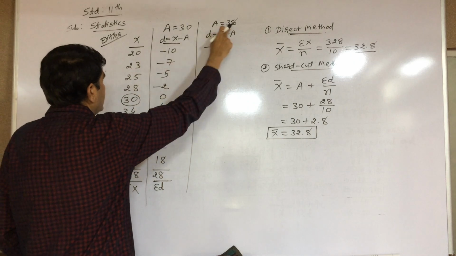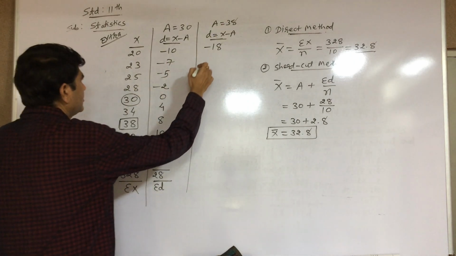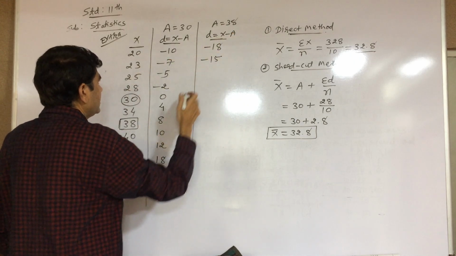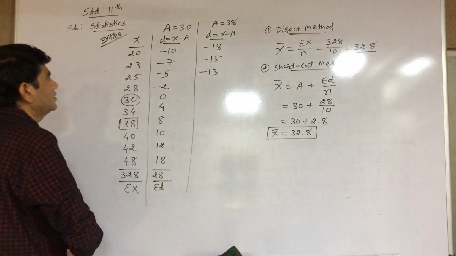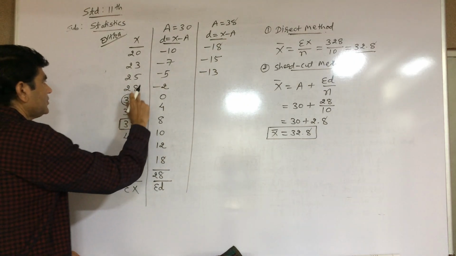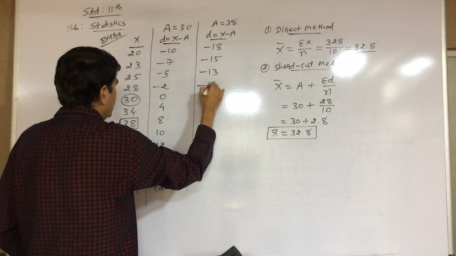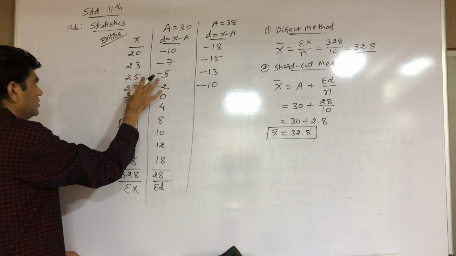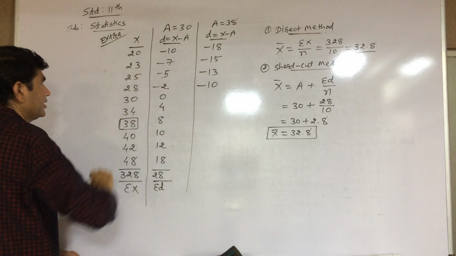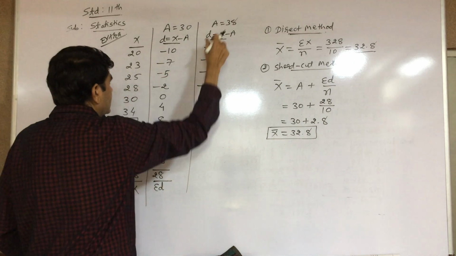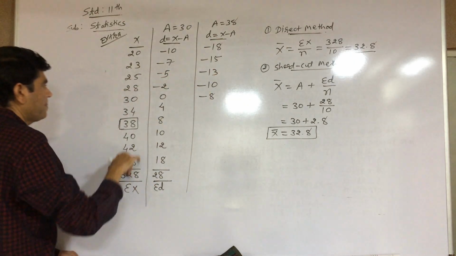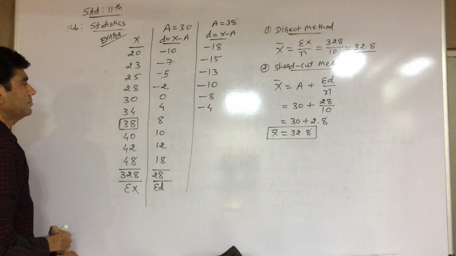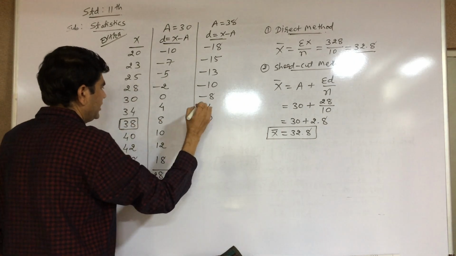Minus 18, 23 minus 38, minus 15, 25 minus 38, minus 13, verify with your calci, 28 minus 38, minus 10, 30 minus 38. This time I take 38 as the assumed value. 30 minus 38, minus 8, 34 minus 38, minus 4, and 38 minus 38, 0.